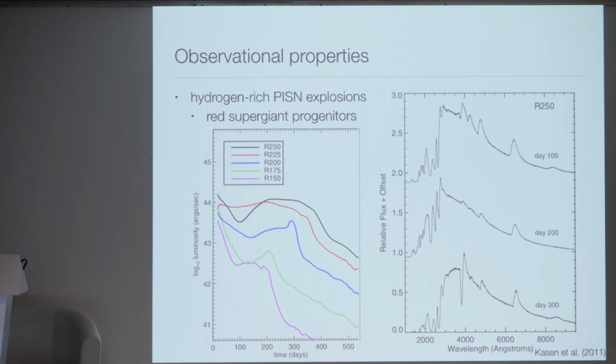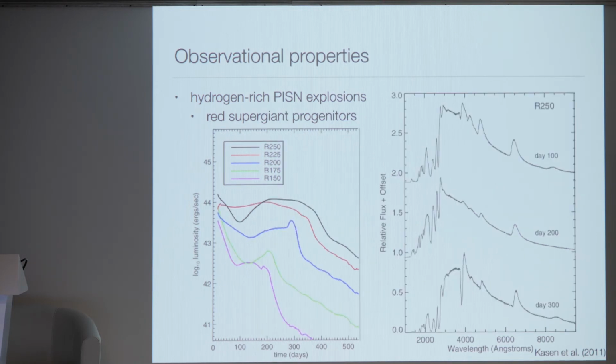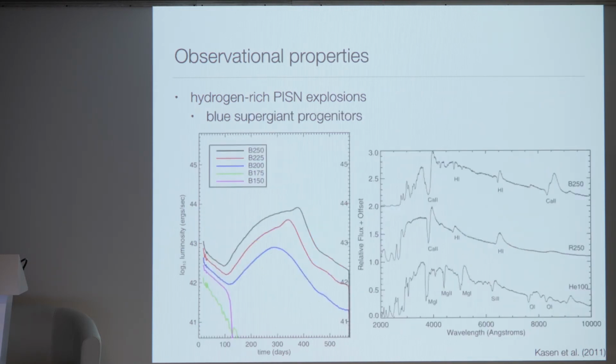Okay, this was relatively massive. So this was a red supergiant progenitor, but when the metallicity is relatively low, this progenitor may become a blue supergiant, like predicted for 87A.